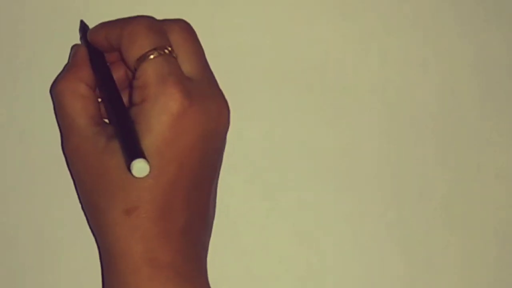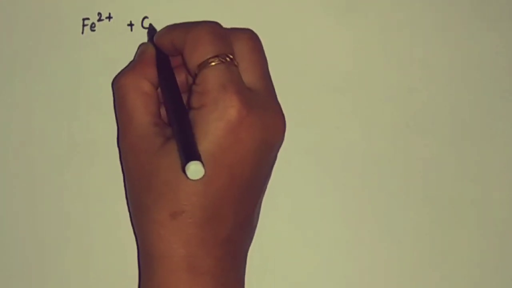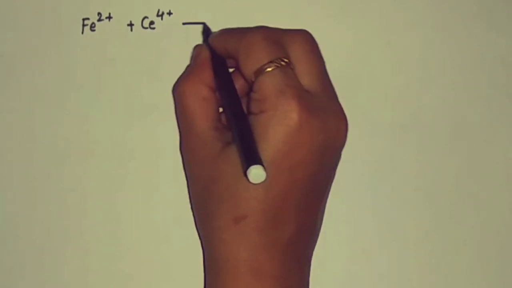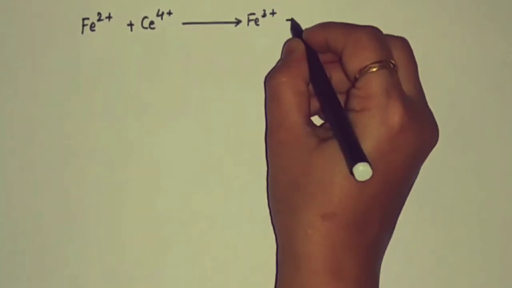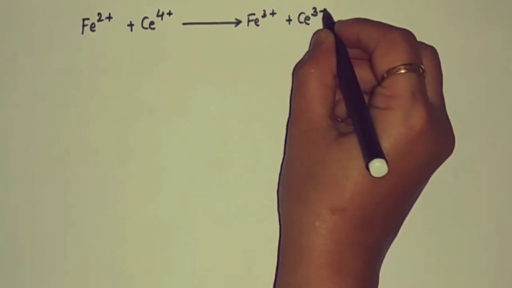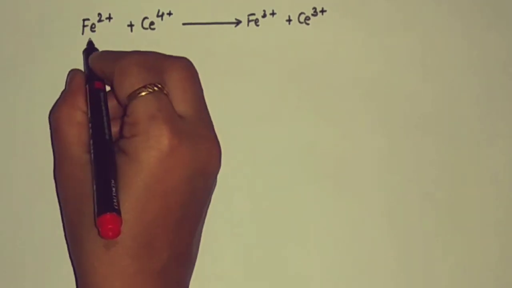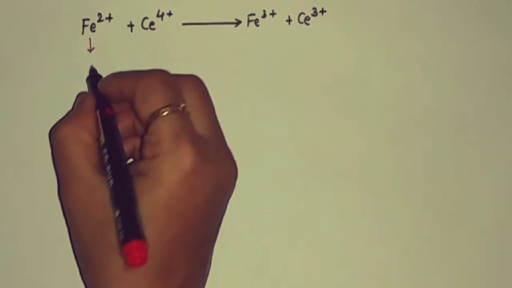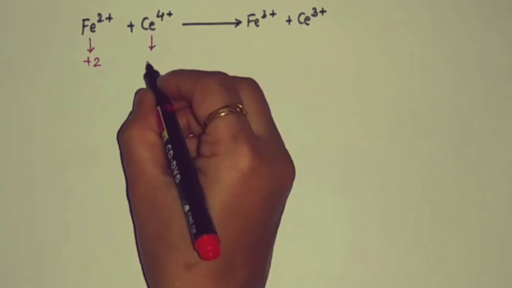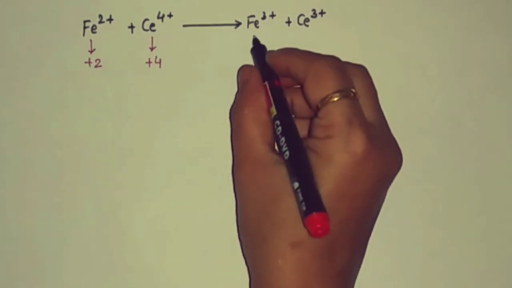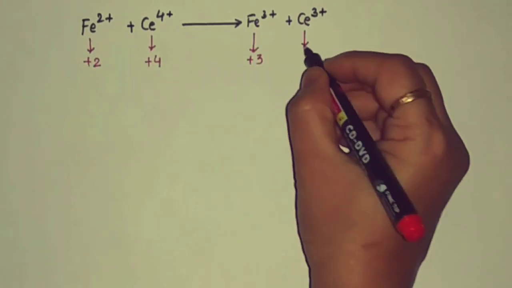Next is Fe2+ plus Ce4+ gives you Fe3+ plus Ce3+. As we know, the oxidation number of a monoatomic ion is equal to its charge. So over here the oxidation number of Fe2+ is plus 2, that of Ce is plus 4, that of Fe is plus 3, and that of Ce is plus 3.